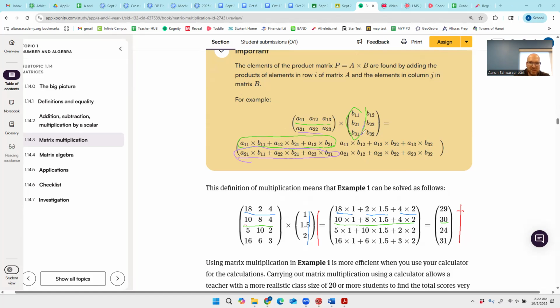Row 2, again, column 1. Row 1, column 2 gives me this single space, which, yes, it looks all long written out, but it's a single number because we multiply and add.